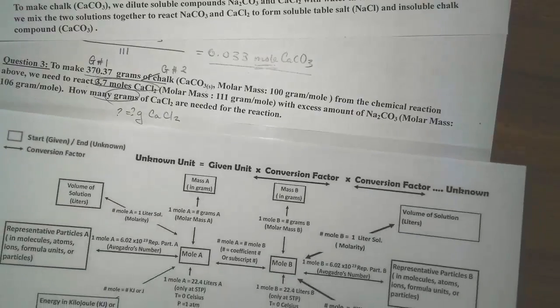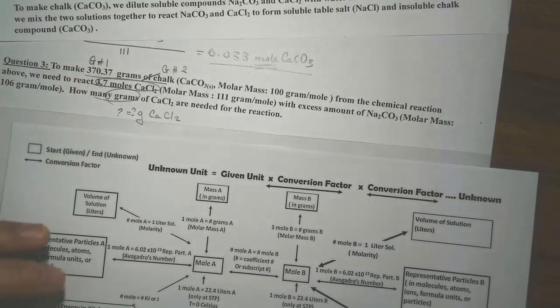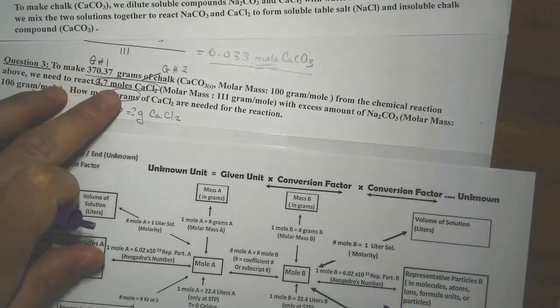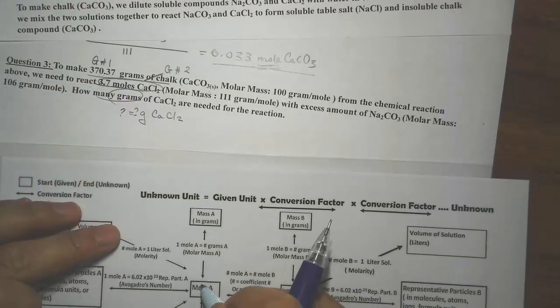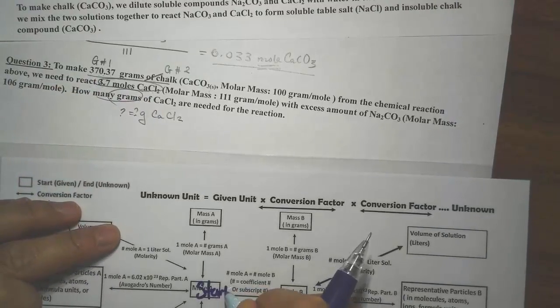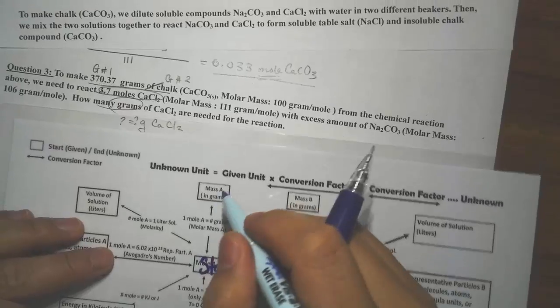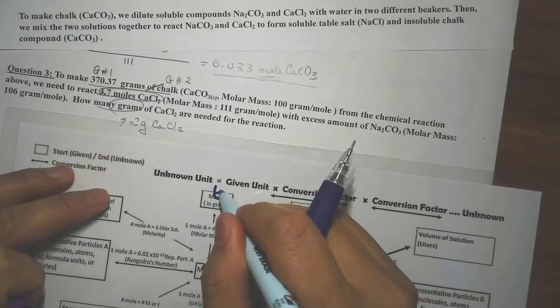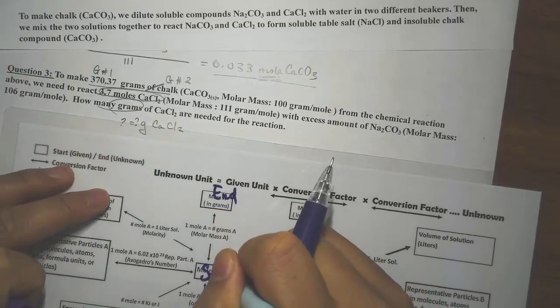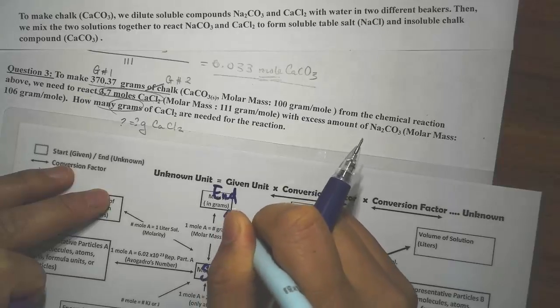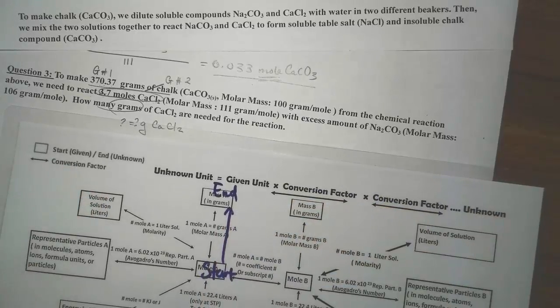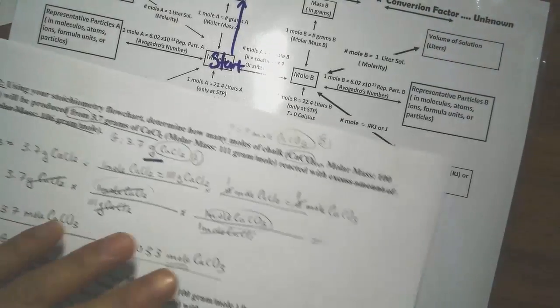So if we use our given 3.7 moles of calcium chloride, we are starting here. And where do we end? Of course, grams of calcium chloride. This is where we end. So to get from here to there, we just need to go up by 1 and multiply that conversion factor. Isn't that easy?